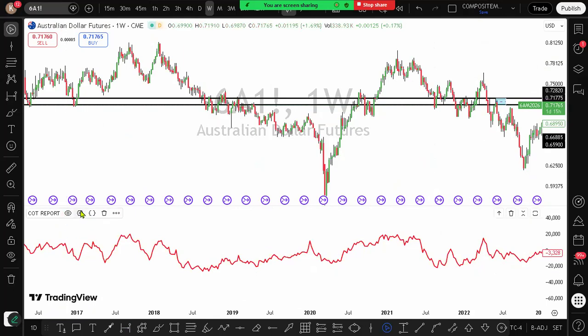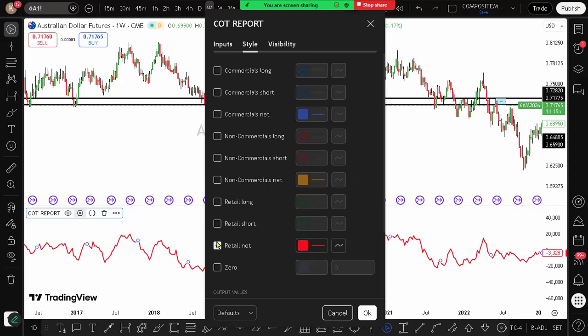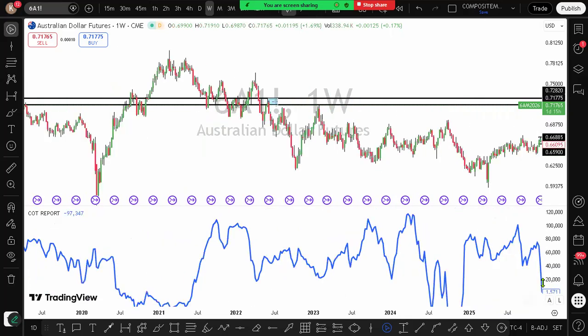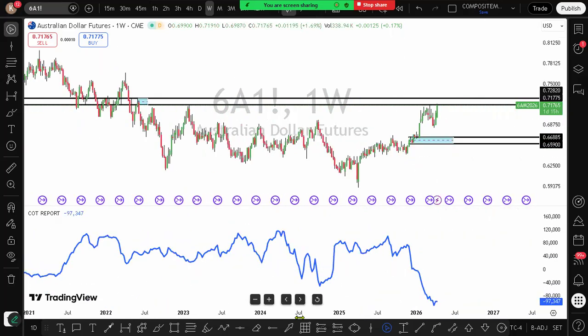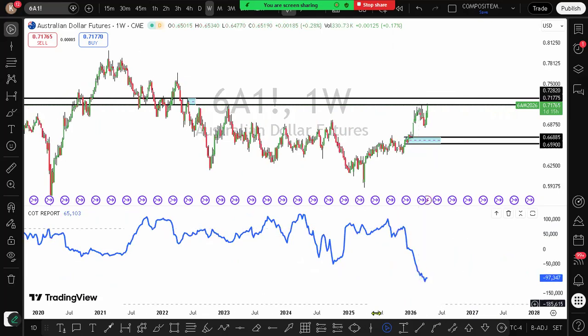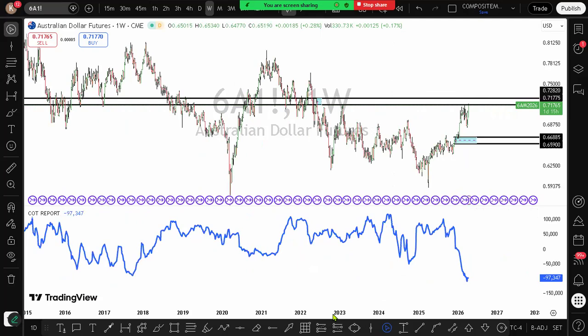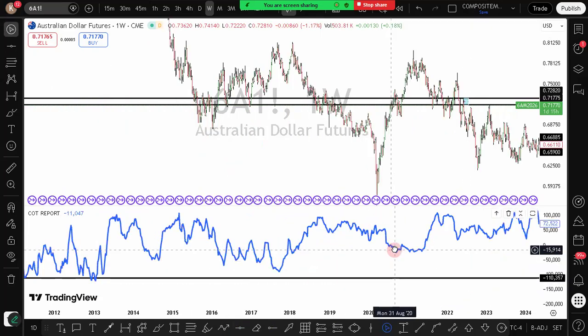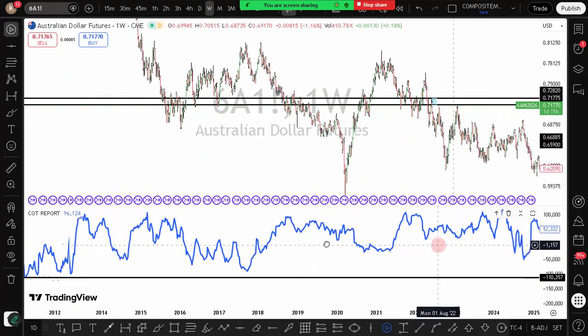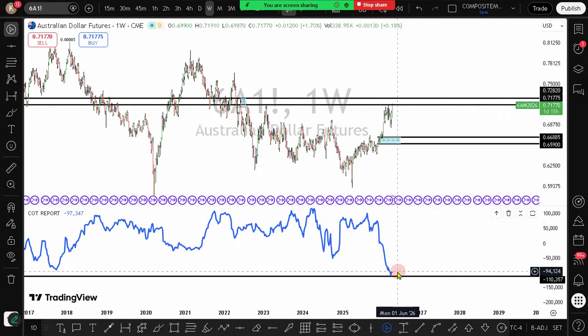If you look at the commercials here, I want you to see this. Commercials are getting more bearish, and something unique is that commercials have never been bearish like this in the last, look at here, 2013 to 2026, like 13 years.